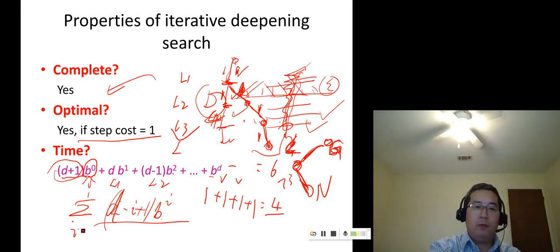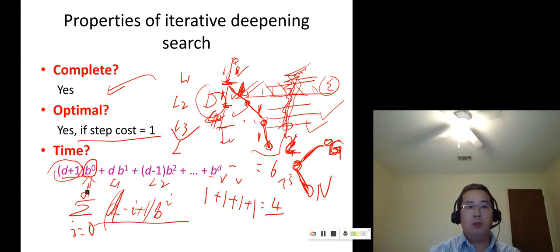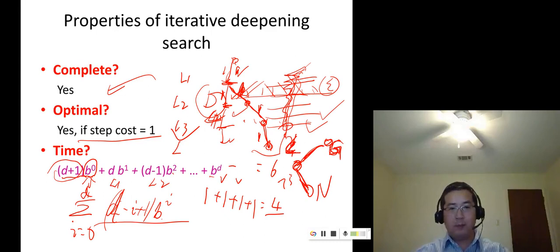I from 0 to d, in total is d. 0 is the root. Okay, so that means d minus I plus 1, and b to the power of I times. That will be the time, because the time depends on how many nodes you will grow.